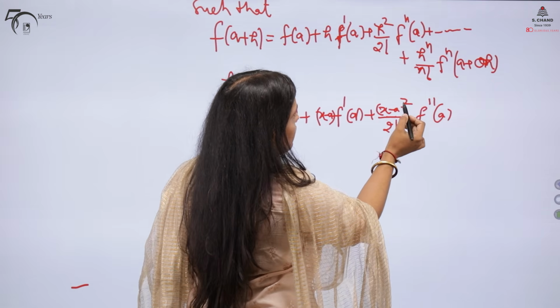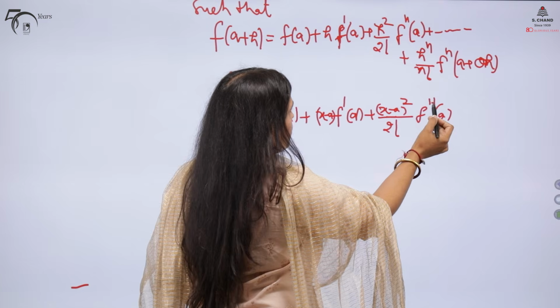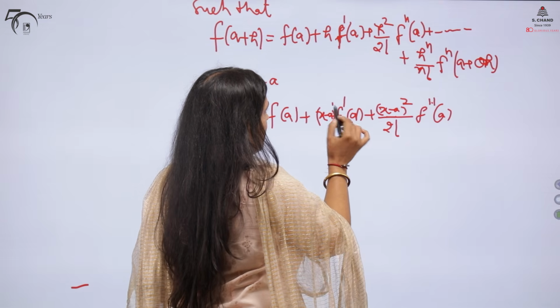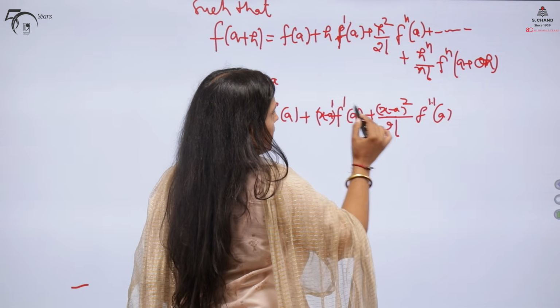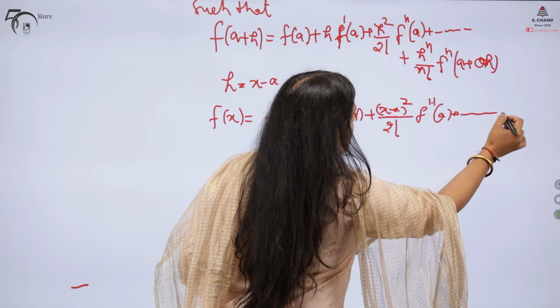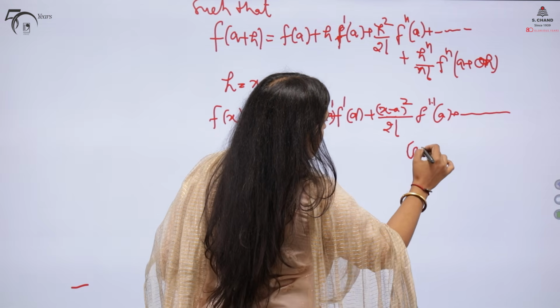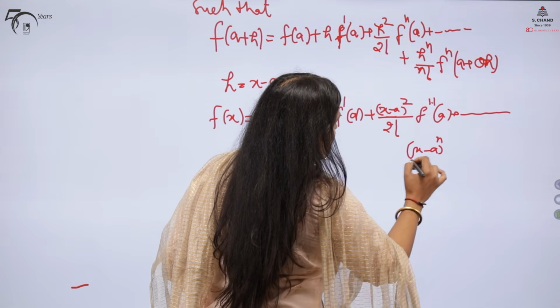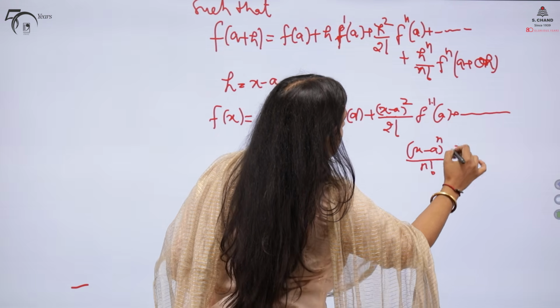You can see, if the power is 2, the derivative is also the second derivative. If the power is 1, the derivative is the first derivative. So with the power you can match the derivative.